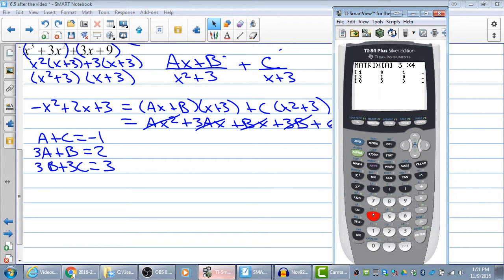Remember you have an A, a B, and a C column, so this is really 4 columns, not just 3. Don't forget to plug in the zeros. Remember, if an A, B, or C is missing, you've got to plug a 0 in for that.